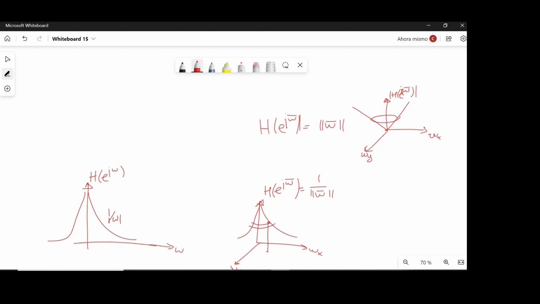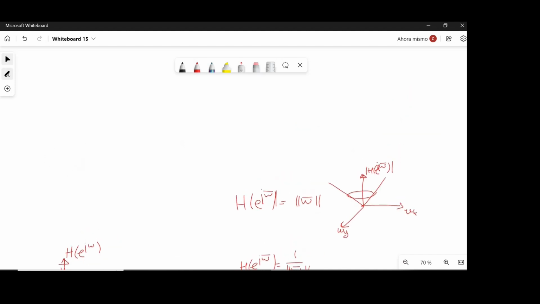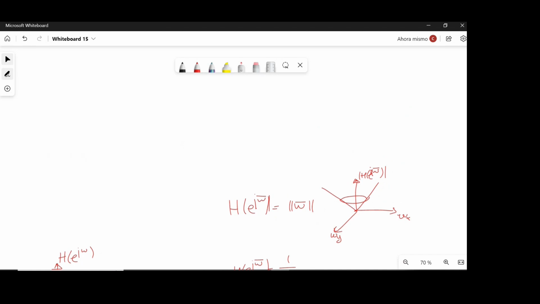Okay, so yeah, also something very interesting. Do you remember? For continuous signals, I can compute this derivative. I can define a transformation that takes an input and computes the derivative of that input.